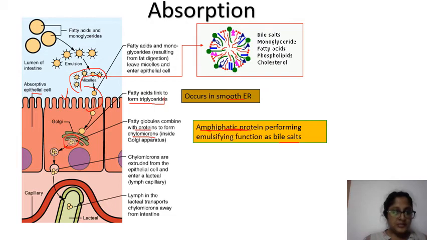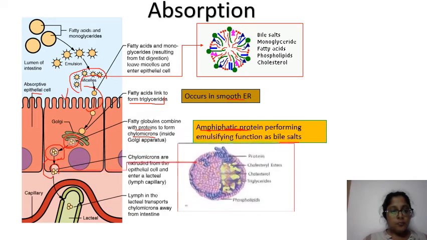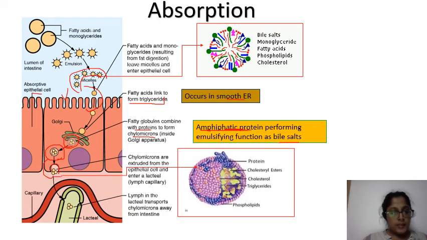As you can see, this is the epithelial cell, the enterocyte, and these are the chylomicrons, the protein molecules and the fat molecules, and they are moving out, they are extruded. Now this is a chylomicron, and this is how it looks like.